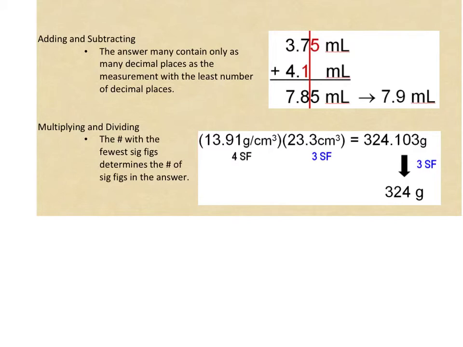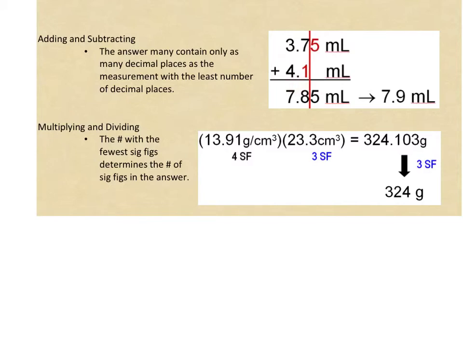Here are your rules for adding and subtracting significant figures. The answer may only contain as many decimal places as the measurement with the least number of decimals. For instance, 3.75 plus 4.1, you want to put that in your calculator first, you'd get 7.85 milliliters. Now the sig figs, 4.1 only has 1 digit to the right of the decimal.